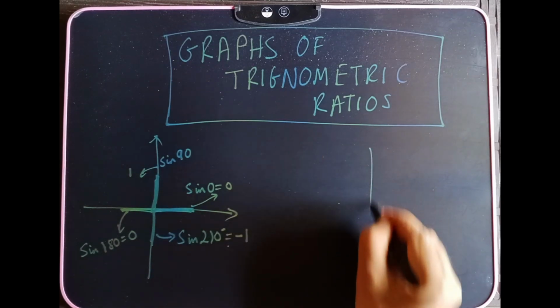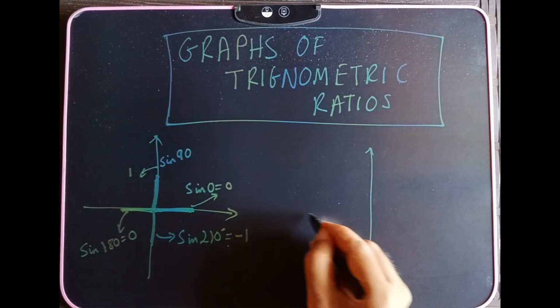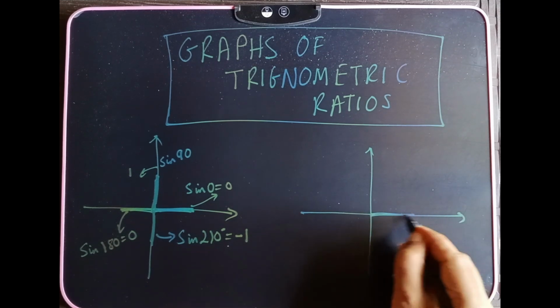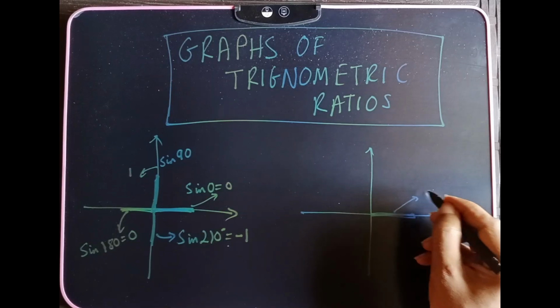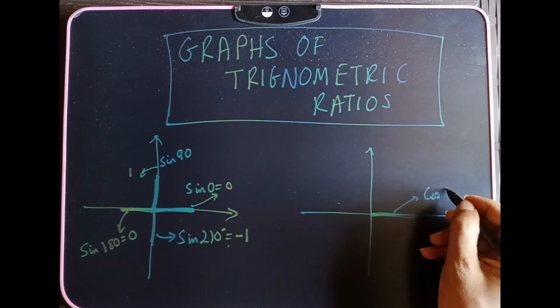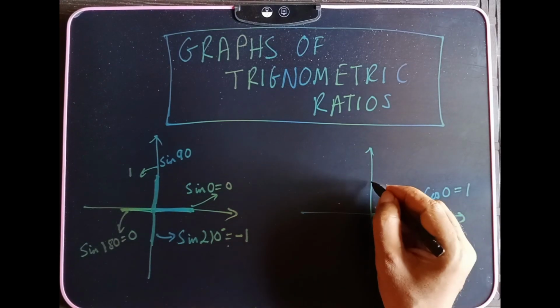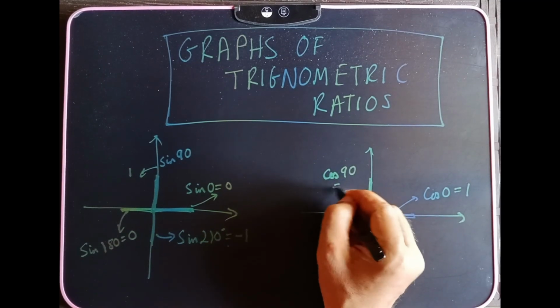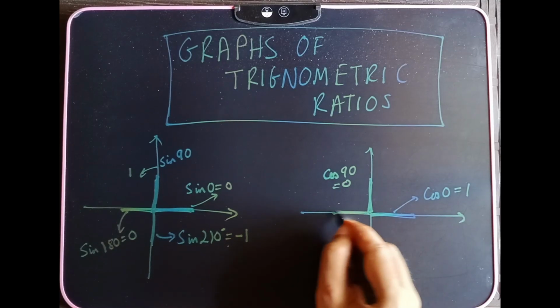Similarly for cos, it is actually reversed, right? Cos of 0 is 1. Cos of 90 is 0, right?